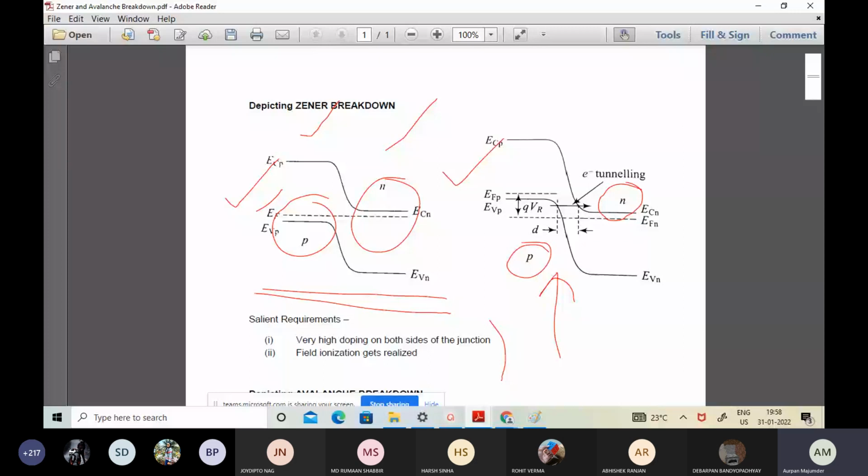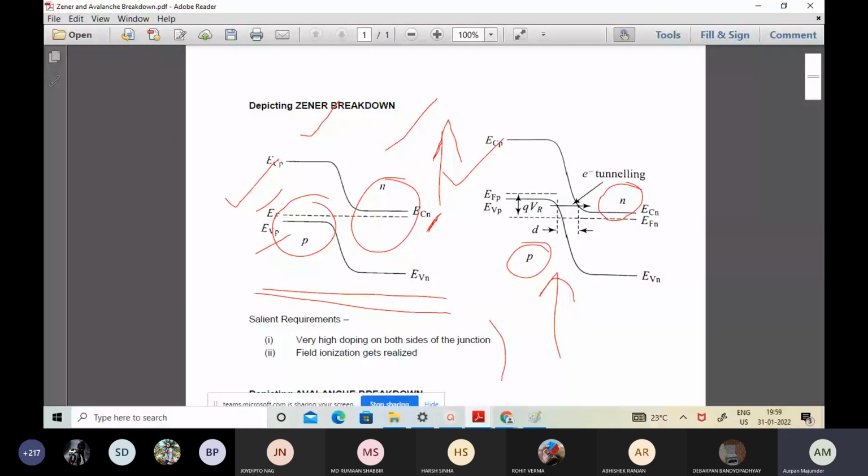The electrons existent in the higher energy states, in the conduction band on the N side, are very close to ECN. What does it really mean, therefore? It means that the higher electronic energy states in the conduction band edge towards the N side, most of the states remain vacant.